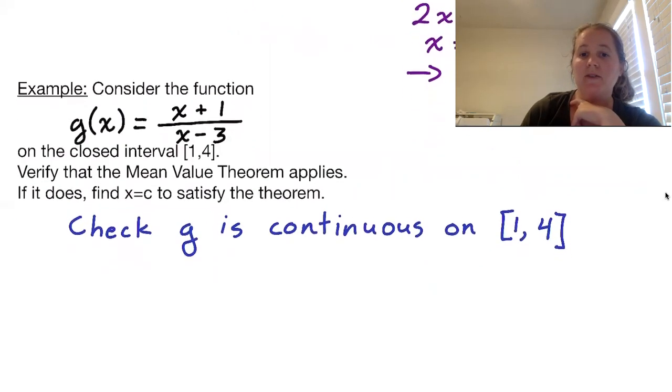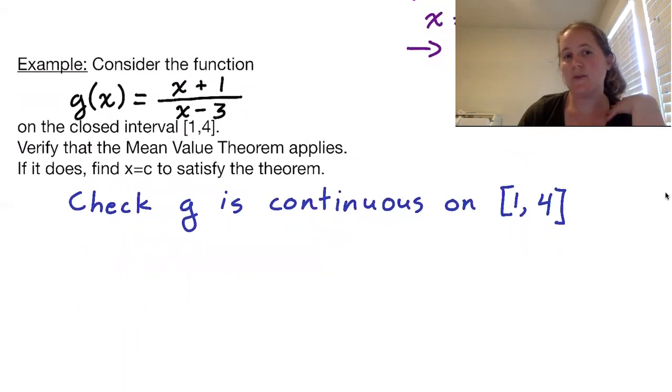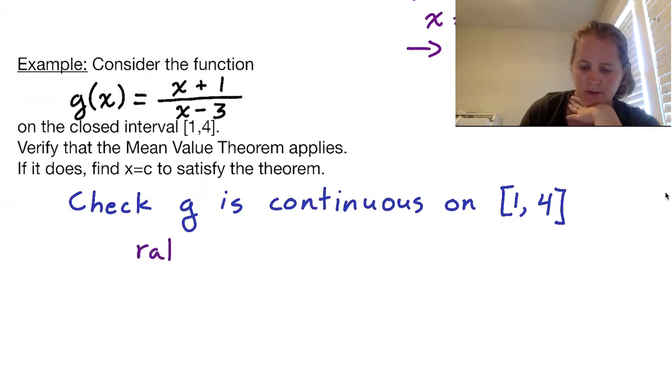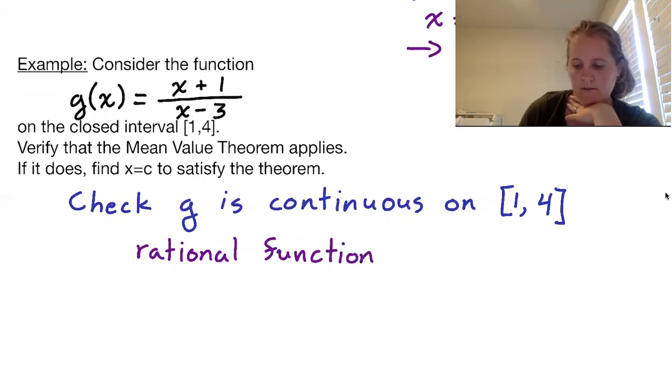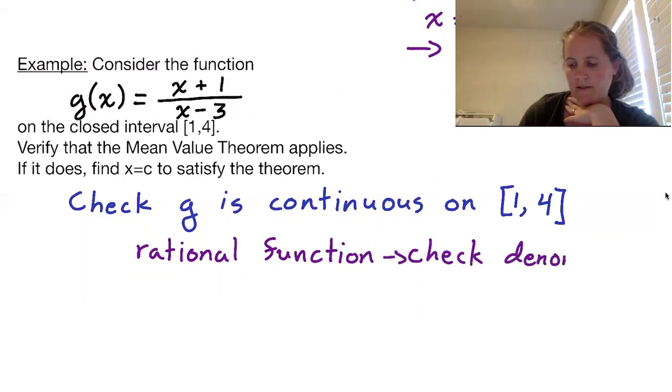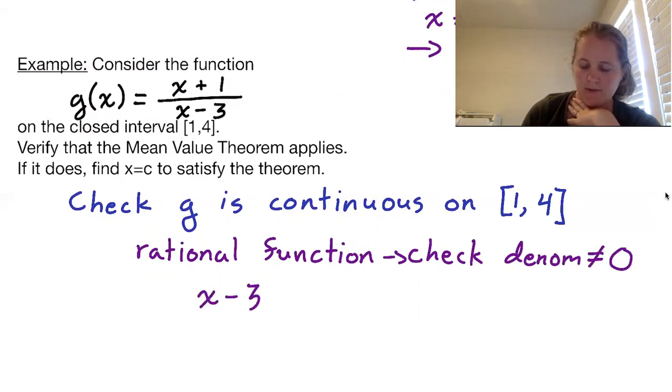So for rational functions, the only place that could be an issue is if the denominator is equal to 0. So for a rational function, we need to check that the denominator does not equal 0 on our interval. So the denominator is x minus 3. Where does that equal 0?